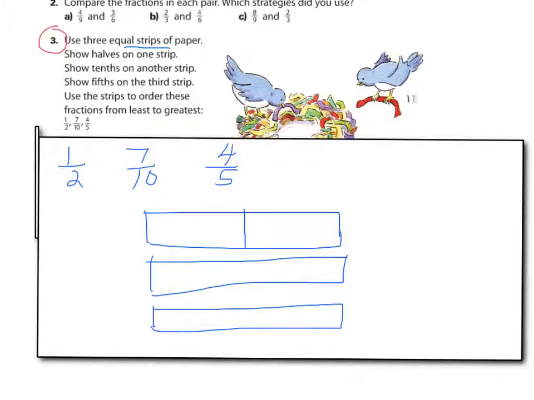Ooh, that's going to be tricky. Let's start with 5 on the bottom there. Okay, those parts are fairly equal. Now 10 is going to be kind of right in the middle of that.